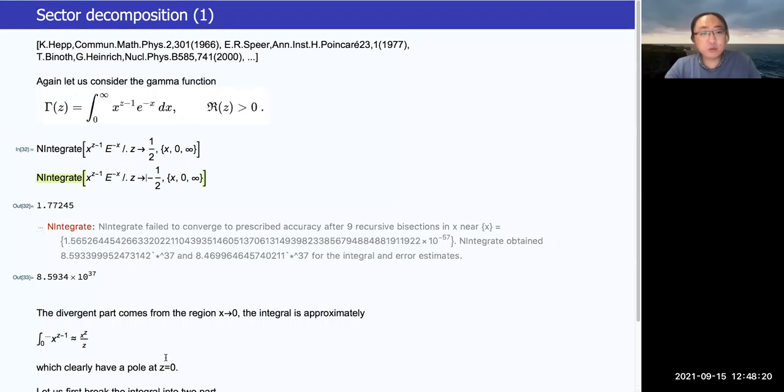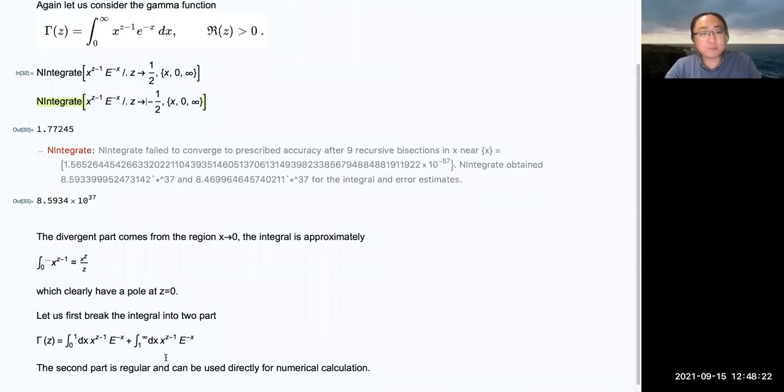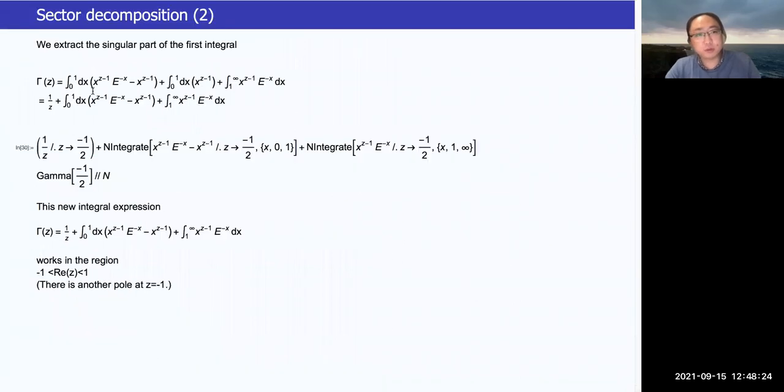So what you should do is to break it into 3 pieces. One piece is the integration from 1 to infinity, which is finite, and you can just use it normally. Another piece is the integration from 0 to 1, but in the first integral you subtract the part that is causing you trouble, gives you infinity, and then add it back.